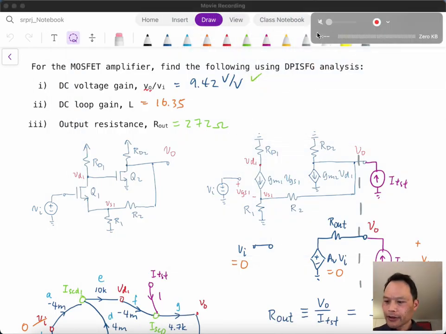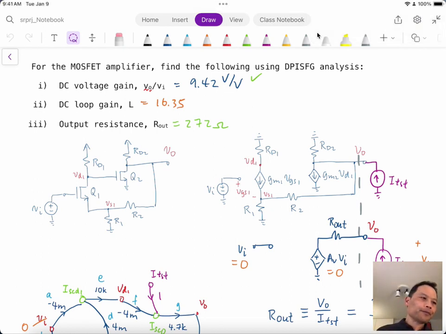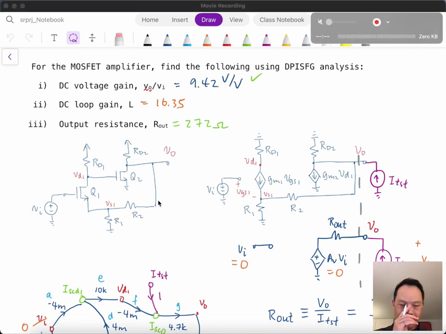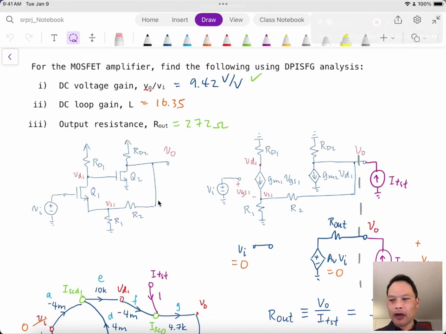But now we're going to go further, because as interesting as this is at DC, what is truly important with feedback amplifiers in designing them is their stability properties.